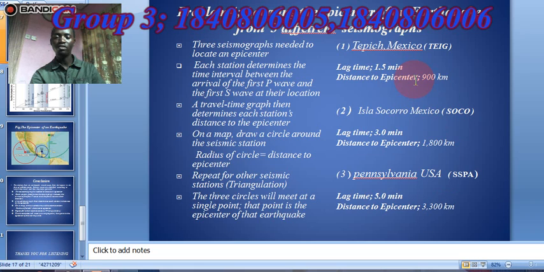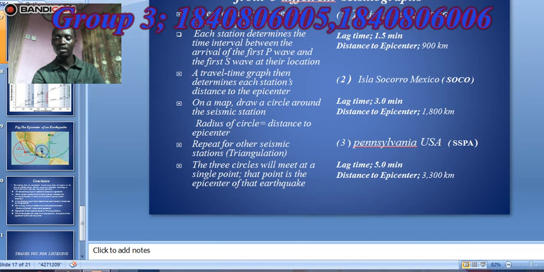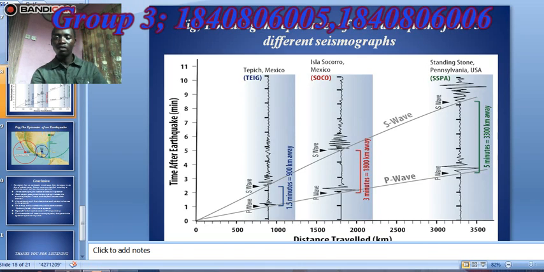So since we have identified the lag time and calculated the epicentral distance for the three, the next thing to do is to get a map that will cover from Mexico up to USA, covering the 3 different seismic stations. As we can see, this is the first seismograph, the second seismograph, and this is the third seismograph.